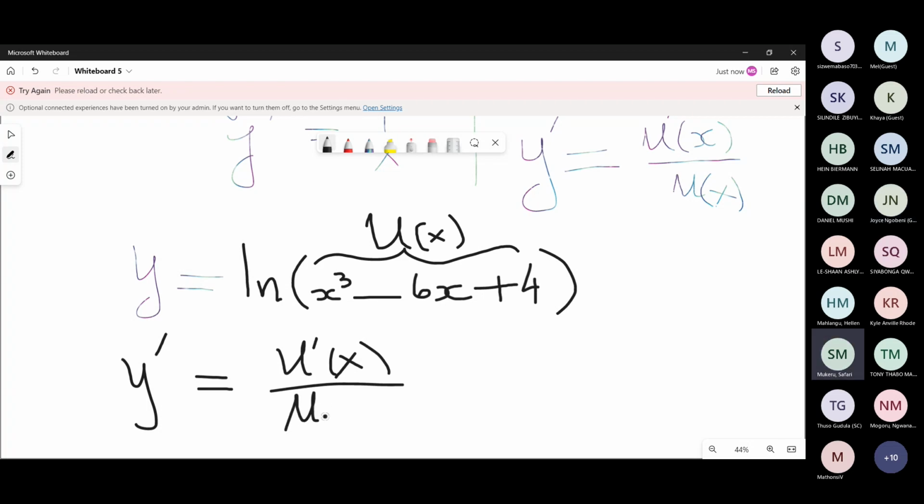That's all. Right? So what do we have here then? It will be x power 3 minus 6x plus 4.